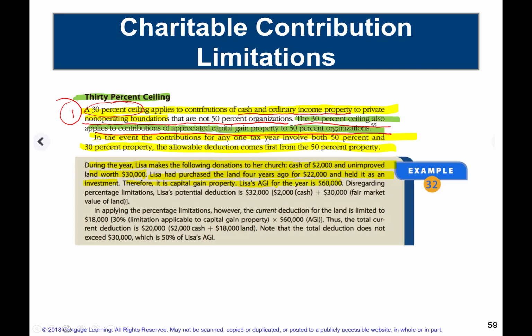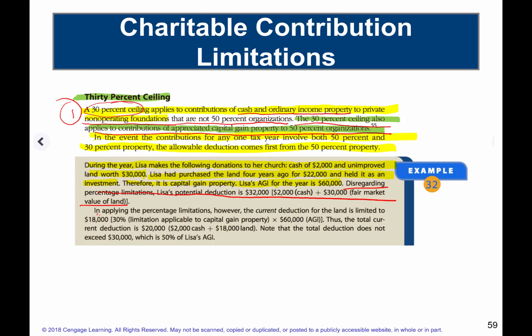Now, if you didn't even think about the limitations, let's just see what she would deduct here. She would have the $32,000, which is the $30,000 fair value of the land, and of course the cash is just whatever the cash is. There is no difference between the fair market value of cash and the amount of cash that you contribute, so you just use whatever the amount of cash is.